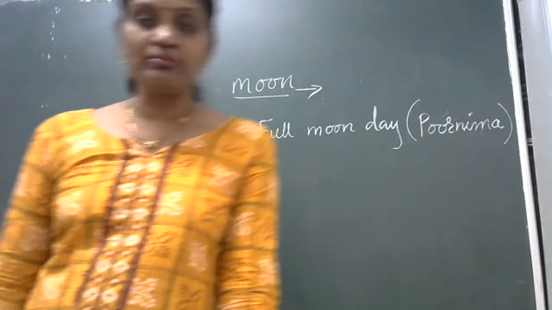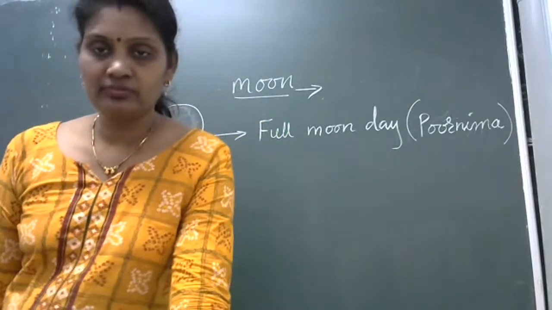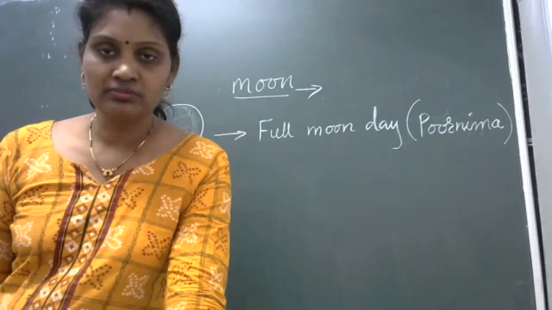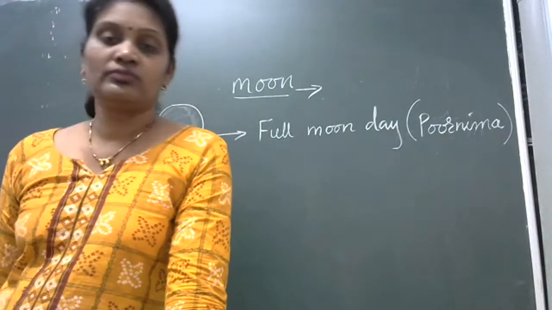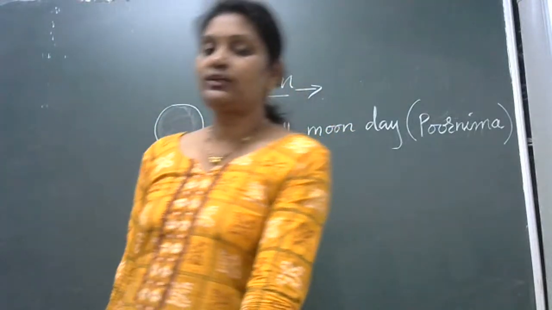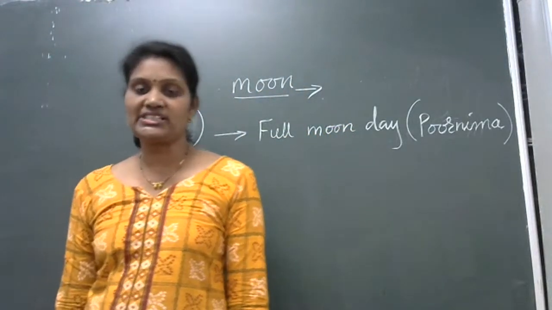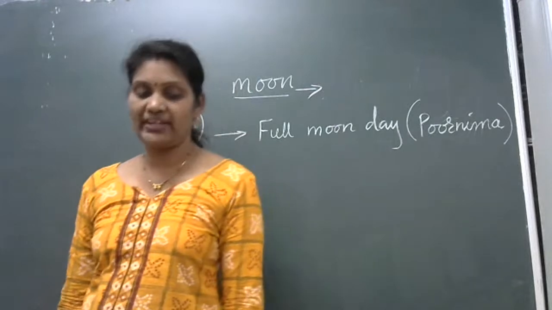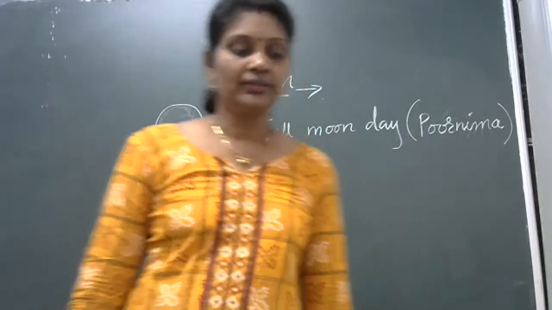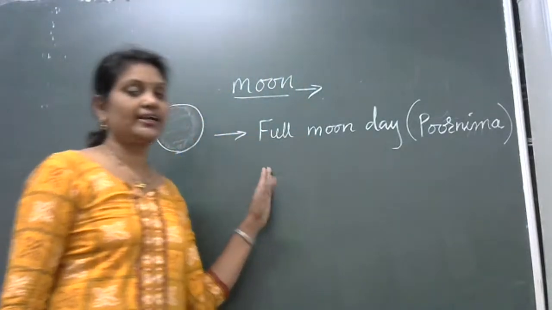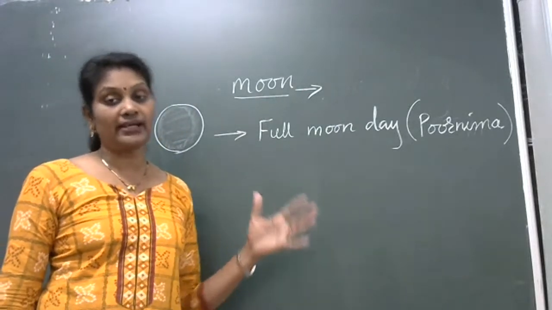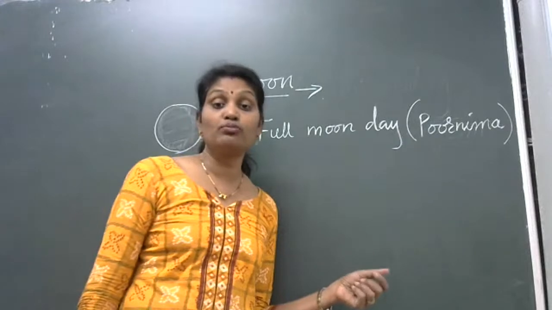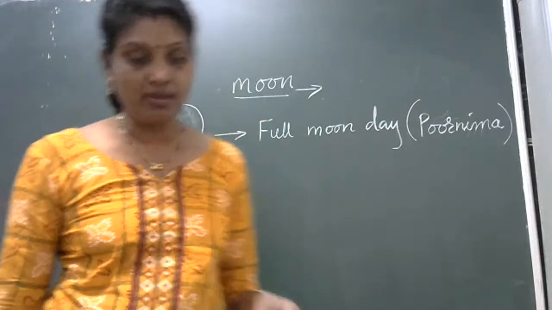It is called as Purnima in Hindi. Yes, Bhargav, that also I will make you understand. Just wait. Now, ये समझ में आ गया कि एक दिन ऐसा आता है जिस दिन पूरा दिखाई देता है, उसे हम कहते हैं फुल मून डे, और इट इज आल्सो कॉल्ड एज पूर्णिमा.